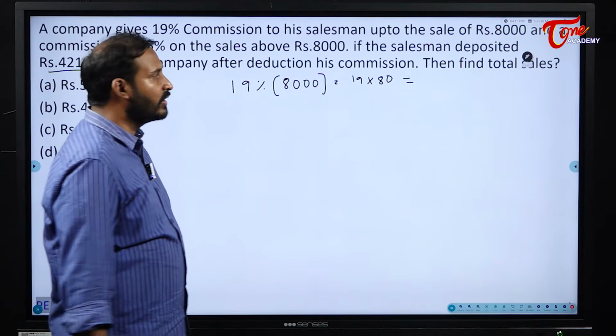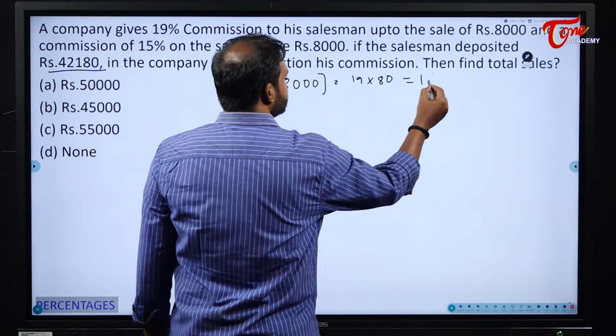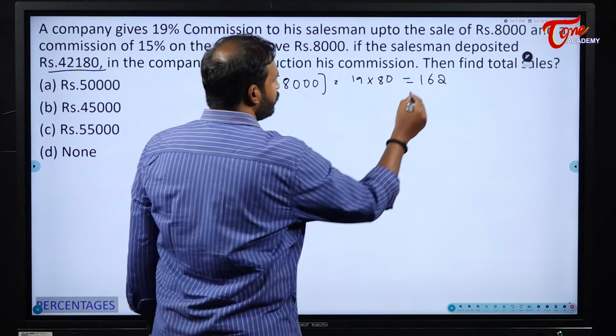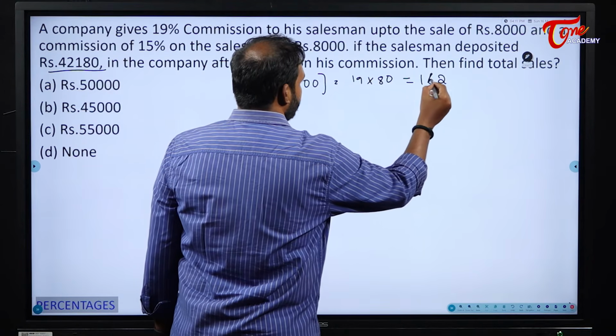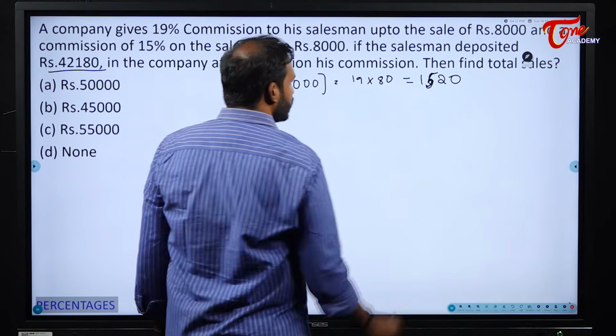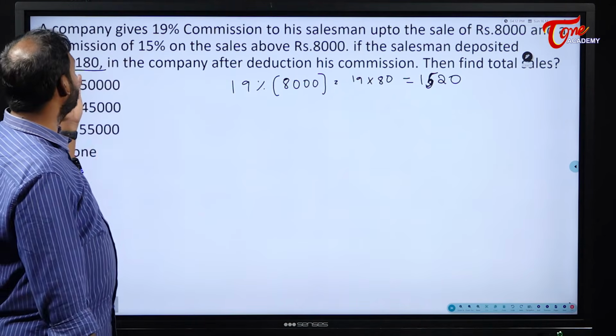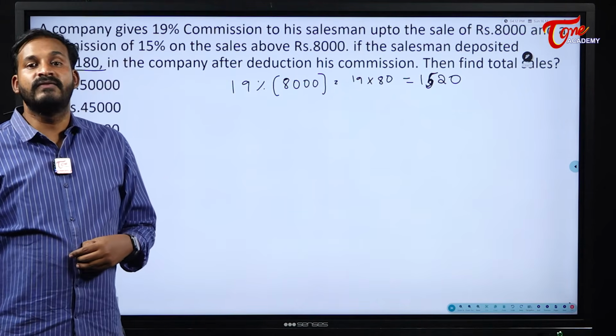So 19 eights are what you will get? Sorry, 152. That means he will get 1520 as commission up to 8,000. And beyond that 8,000 he will get a commission of what?